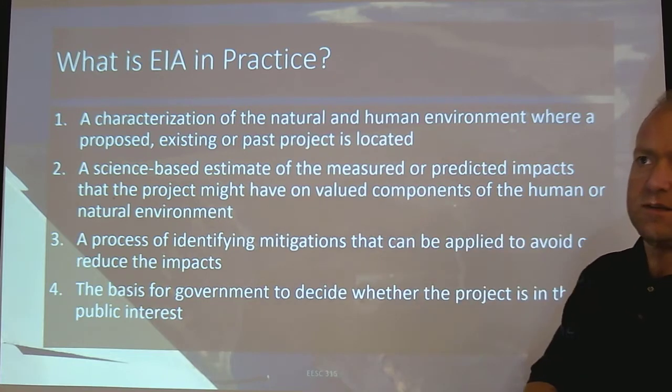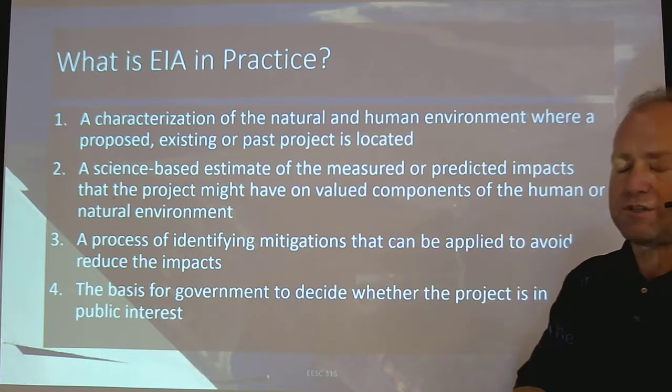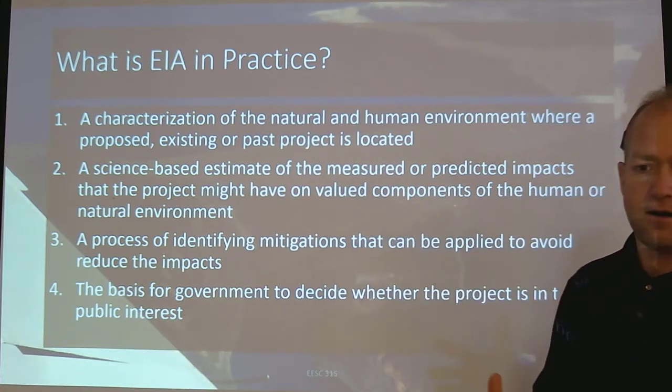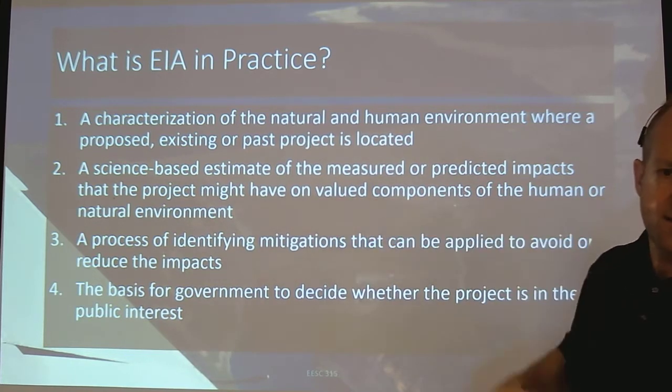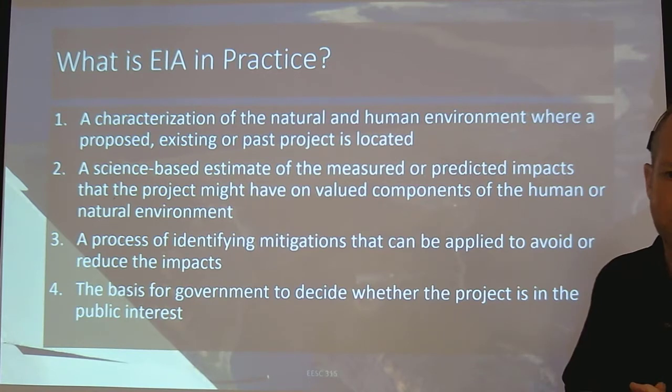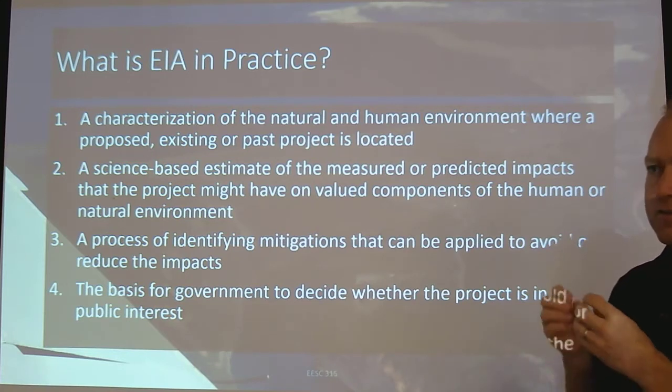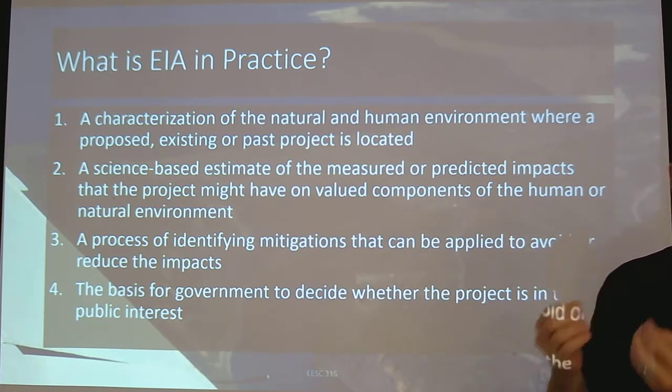We don't just assess everything on the planet. We assess valued components. So these are things that people care about. This can be fish, moose, water quality, clean air, something that is specific and we can measure it.